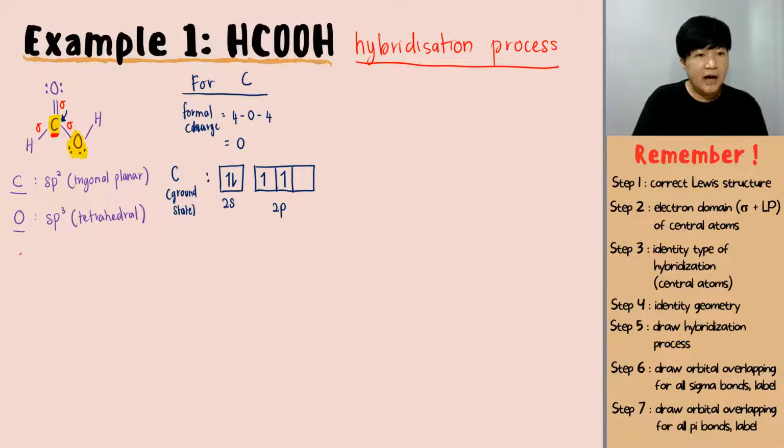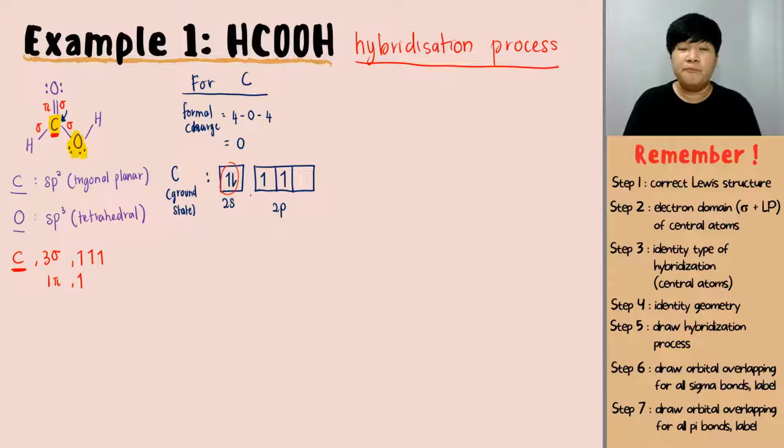So, for the carbon central atom, 3 sigma bond represent 3 single electron. And then we have a pi bond, and 1 pi bond represent another single electron. Therefore, do we need the pair up electron? No, because the carbon central atom has no lone pair. So the carbon definitely not needing a pair of electron.